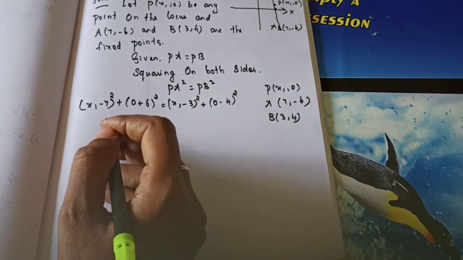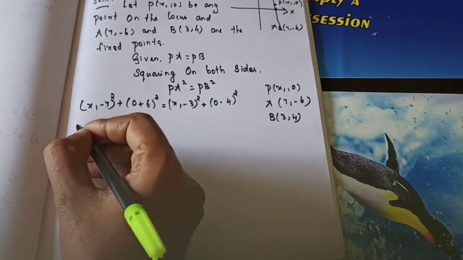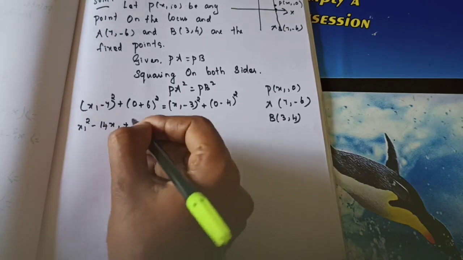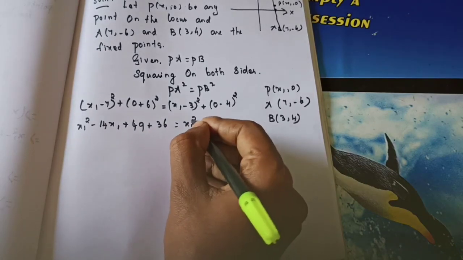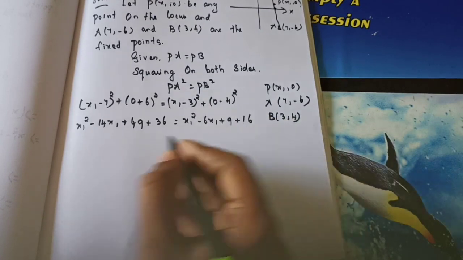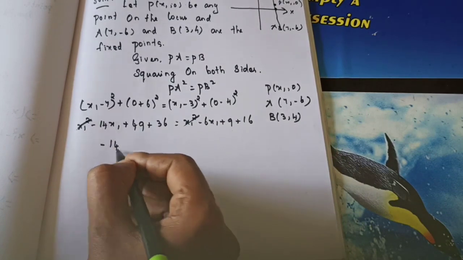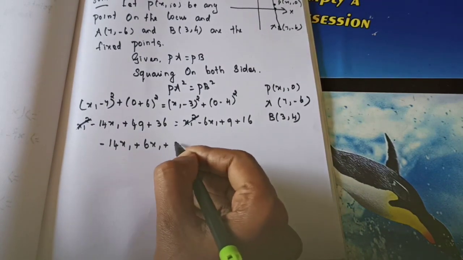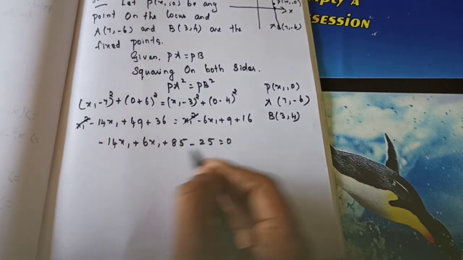Simplify. (x1 - 7) the whole square: x square minus 2ab means minus 14x1 plus 49, plus 6 square means 36. And this also: x1 square minus 2ab means minus 6x1 plus 9 plus 16. So these two terms will get cancelled, and remaining we can simplify. So minus 14x1 plus 6x1, plus 85, if you bring this to this side, minus 25 equal to 0.